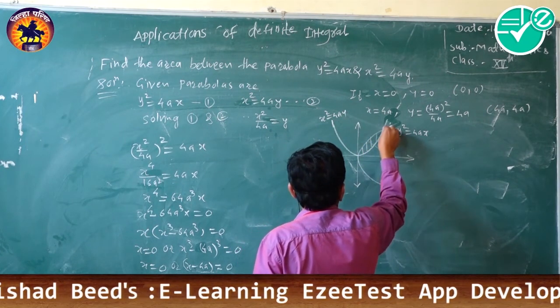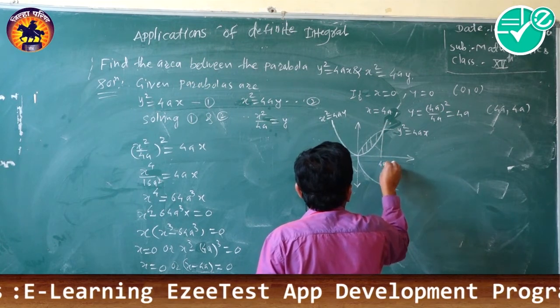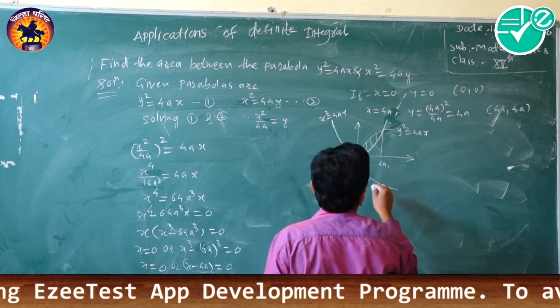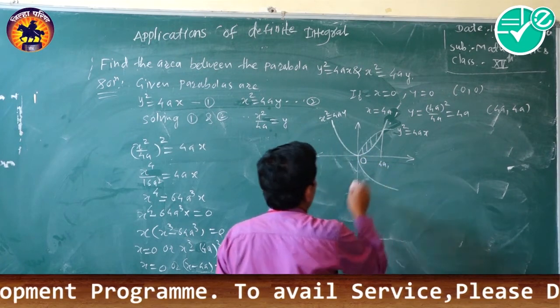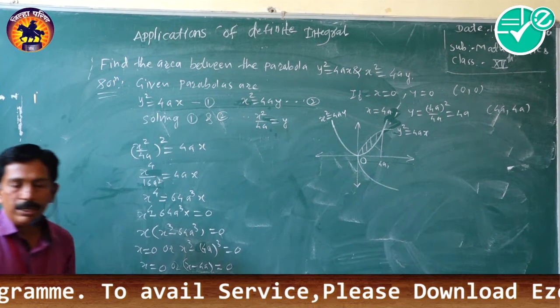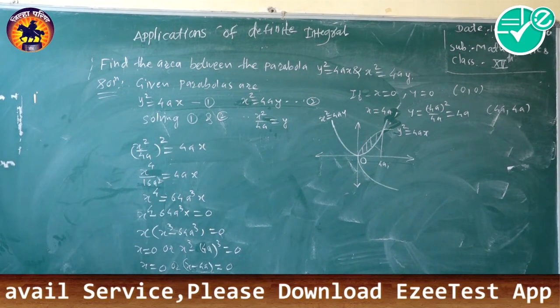Therefore this is nothing but 4a, this is x is equals to 0. Now we have to find area of this region.